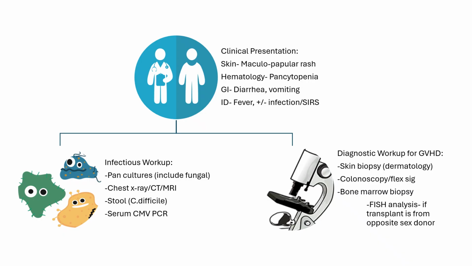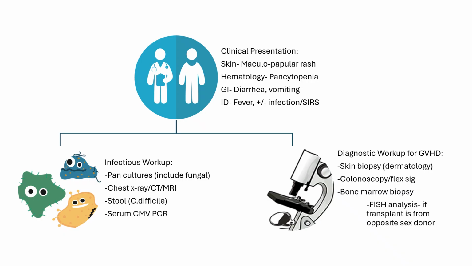From the infectious side, we probably in most situations are going to be doing pan culturing them, including fungal cultures. We do live in a moist environment and we need to make sure that we're not missing anything like that. Chest x-ray, CT, MRI, whatever is appropriate for your patient depending on the symptoms. We also need to probably be testing their stool, especially if they're having diarrhea.